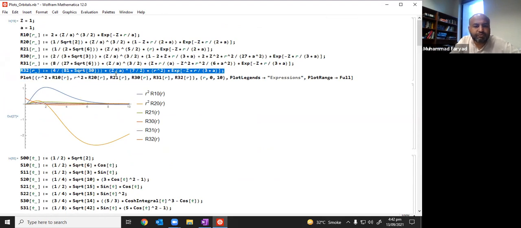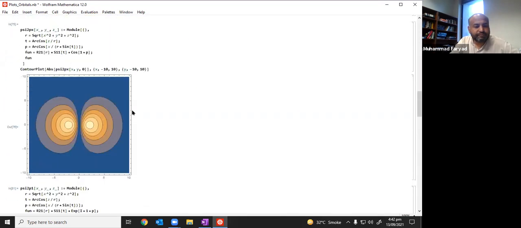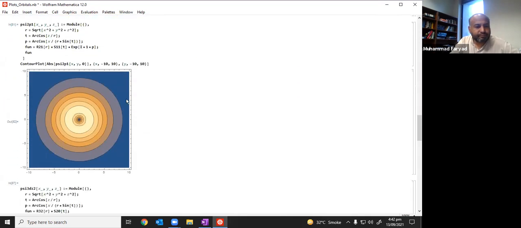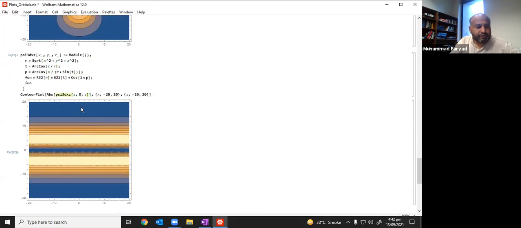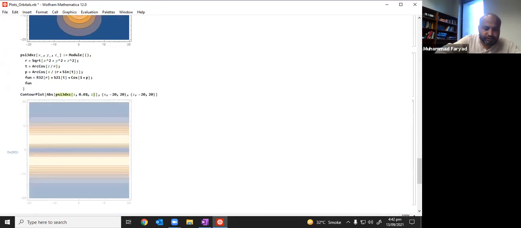This is R32, that is 72, r square exponential minus Zr over 3a. Yeah, so let me put some 0.01.